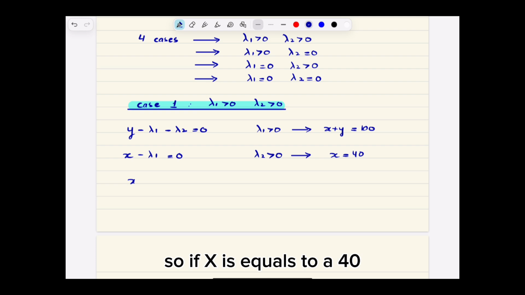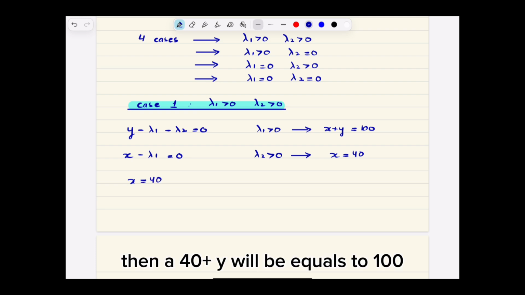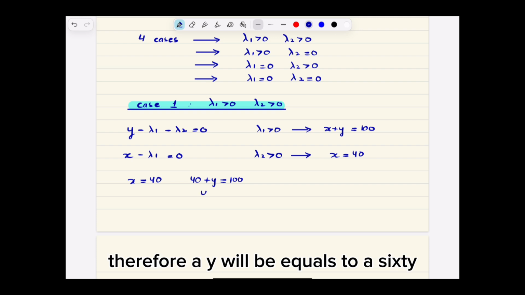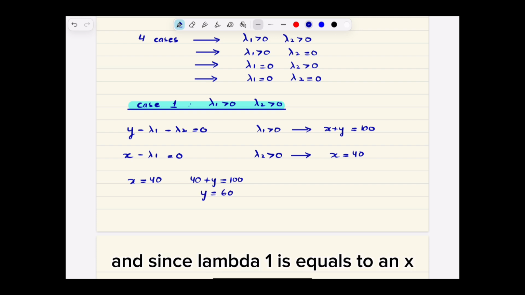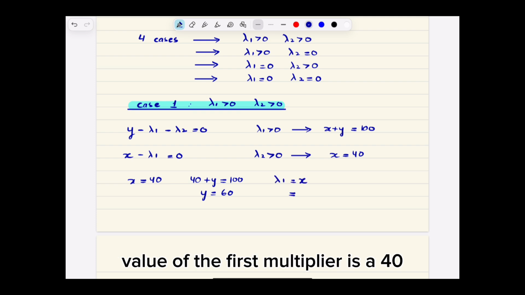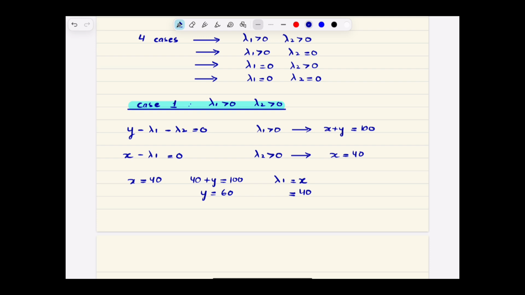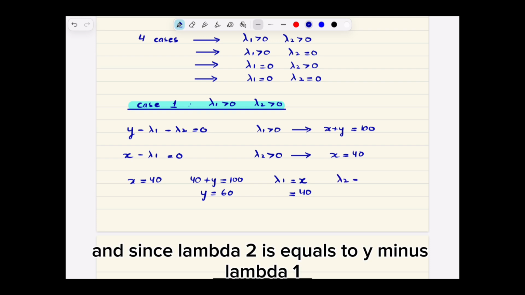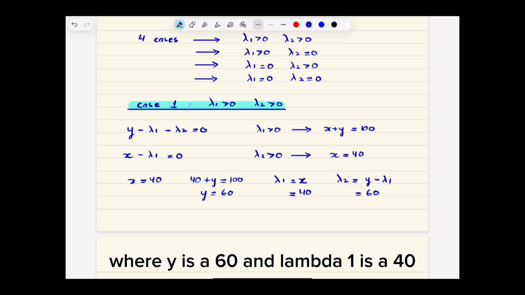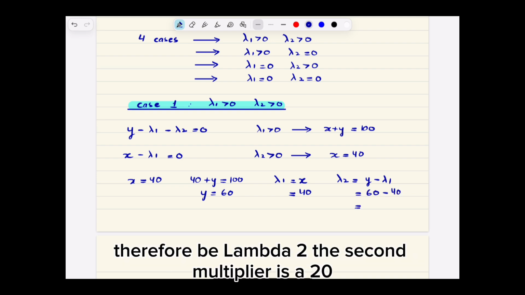Okay, so let's write down. If x is equal to 40, then 40 plus y will be equal to 100. Therefore, y will be equal to 60. And since lambda 1 is equal to x, the value of the first multiplier is 40. And since lambda 2 is equal to y minus lambda 1, where y is 60 and lambda 1 is 40, therefore lambda 2, the second multiplier, is 20.